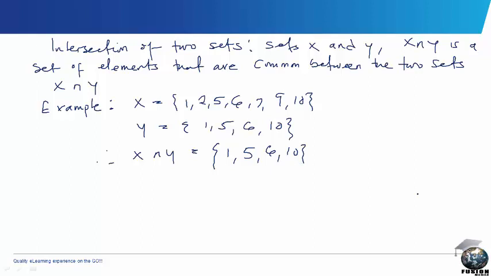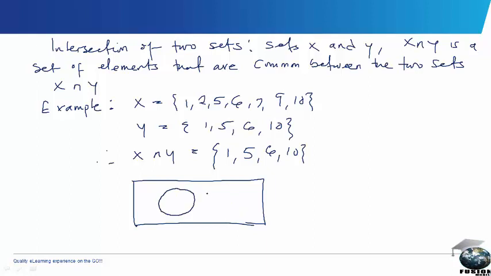Pictorially, this can be represented with the Venn diagram as follows. We have two circles denoting the two sets, and here forms the intersection 1, 5, 6, 10.